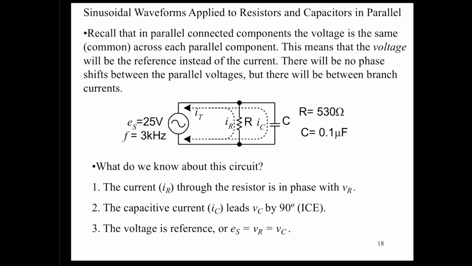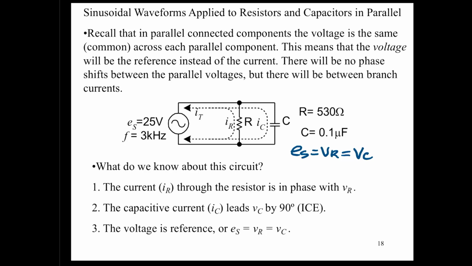So in this example, we have a parallel circuit. And with the parallel example, we know that now our common quantity is going to be voltage. So what does that mean? That ES is going to be equal in magnitude and equal in phase to VR, and it's going to be equal in magnitude and equal in phase to VC.